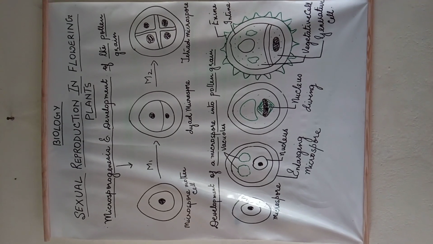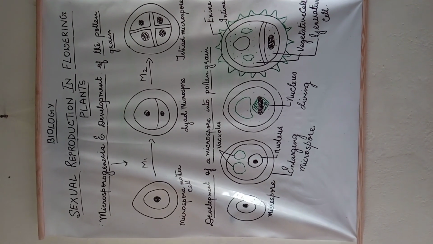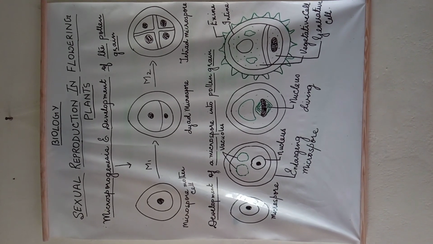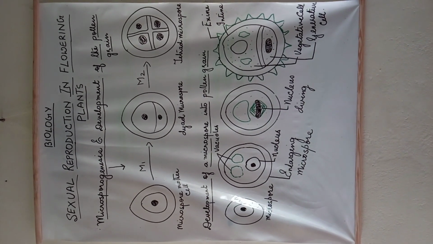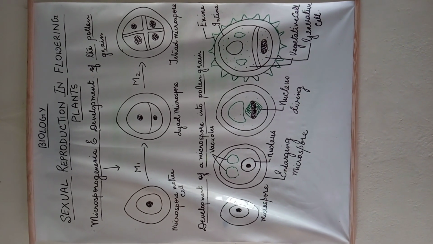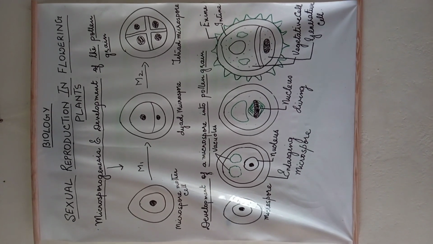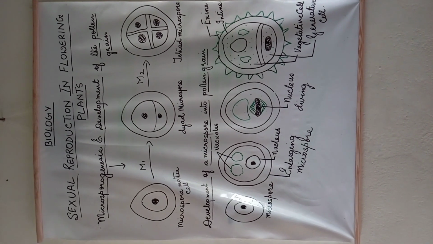The vegetative cell has abundant reserve food and a large irregular-shaped nucleus. The generative cell is spindle shaped with a dense cytoplasm and a prominent nucleus. At this stage, the structure is called a pollen grain.